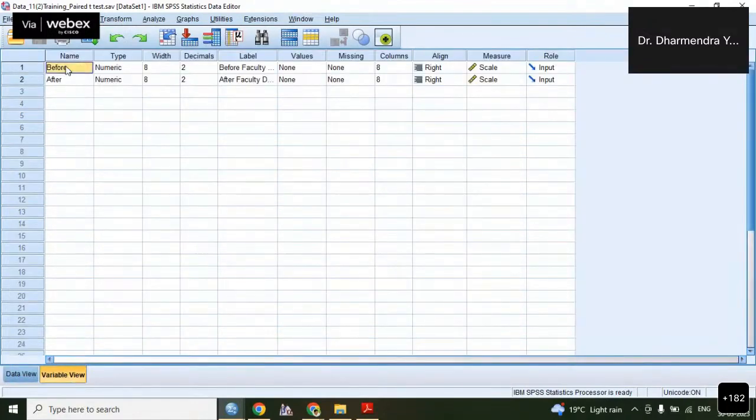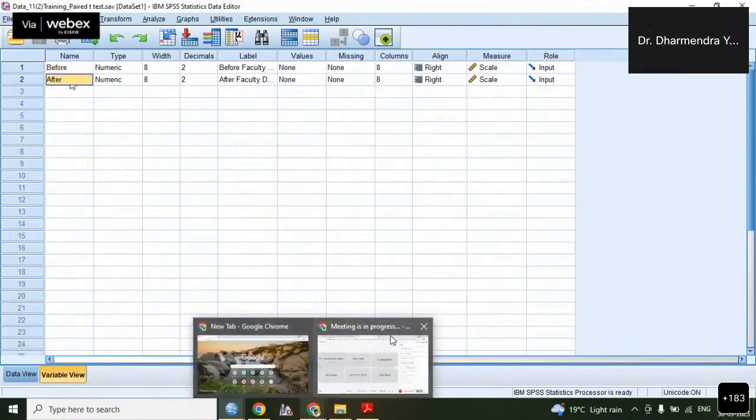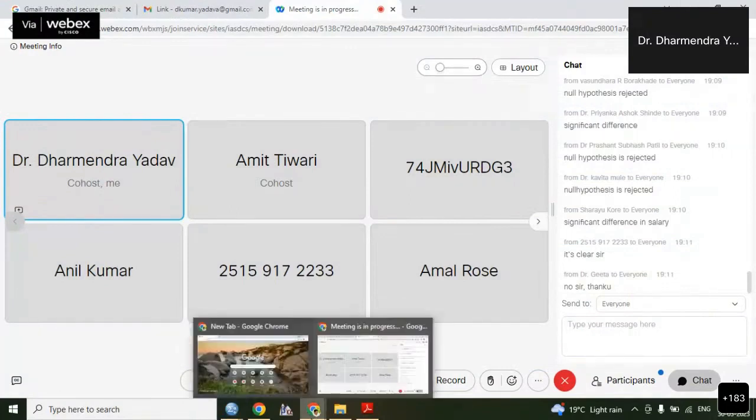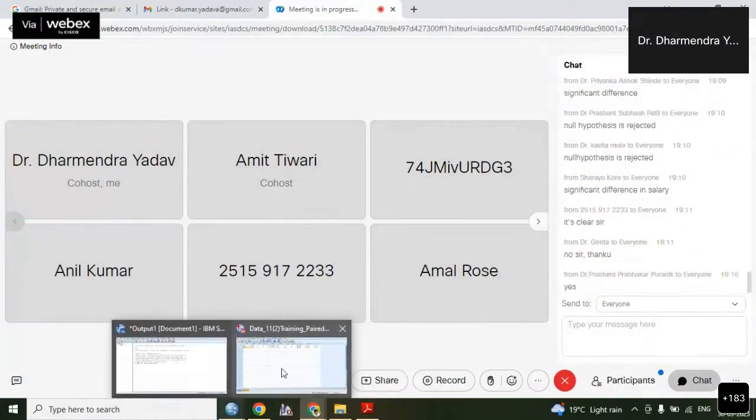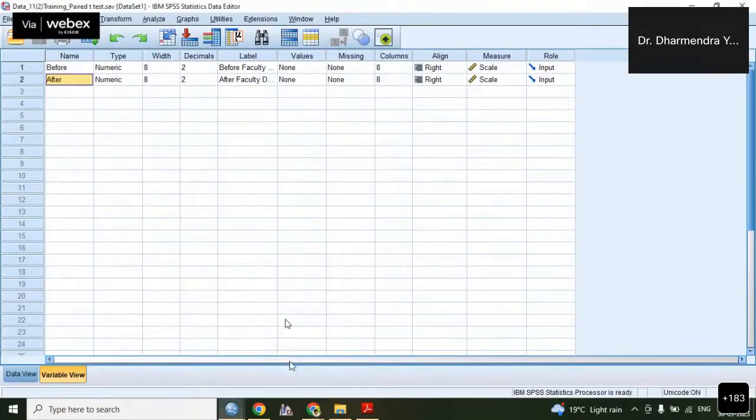We have two variables, before and after. Is my screen visible, Amit? Yes, sir. Visible, sir. Okay, so this SPSS window is visible. Yes, sir.